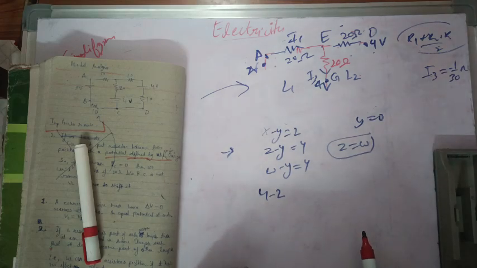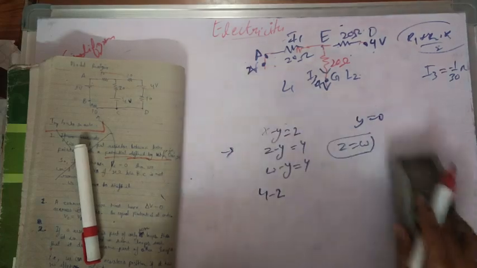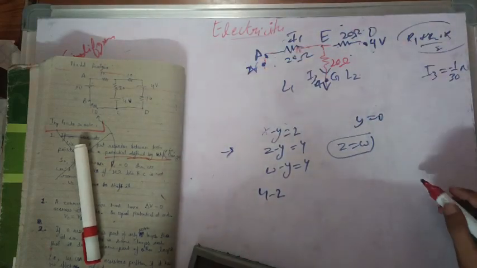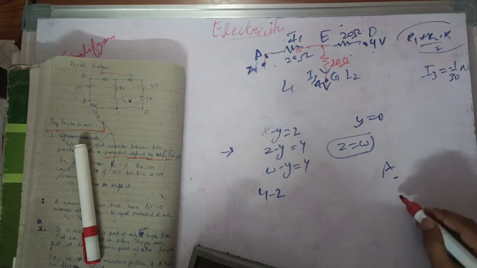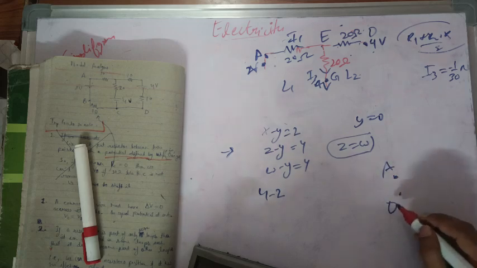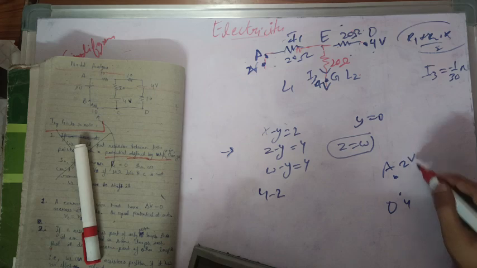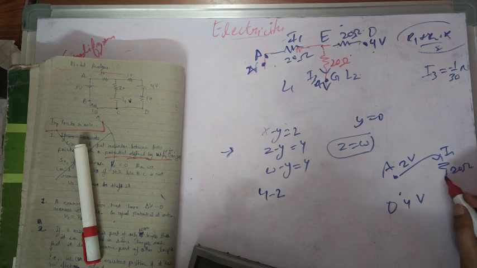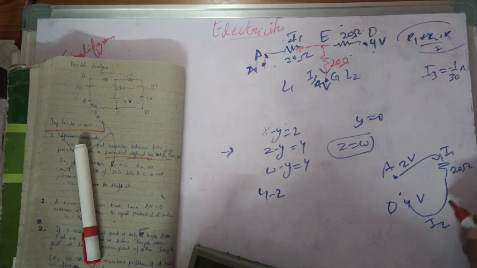or let's say I am taking this part of the loop. This is D, this is A, D is at 4, this is at 2 volt, and this is the circuit with I1 current flowing through it with 20 ohm resistance, and there is some I2 current flowing through this resistor and this 20 ohm resistor.